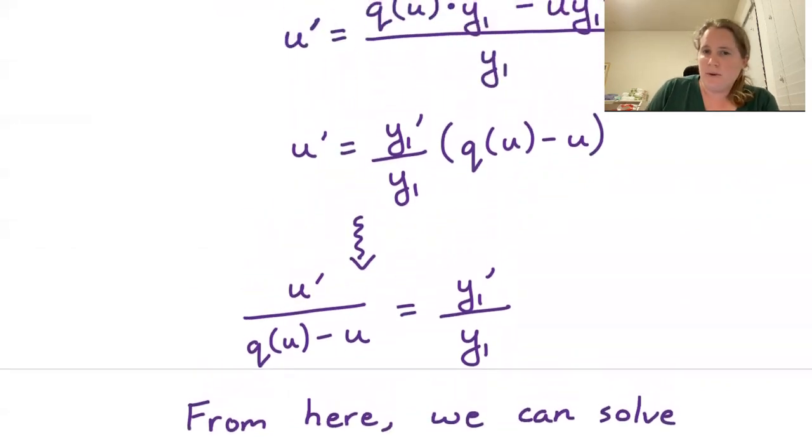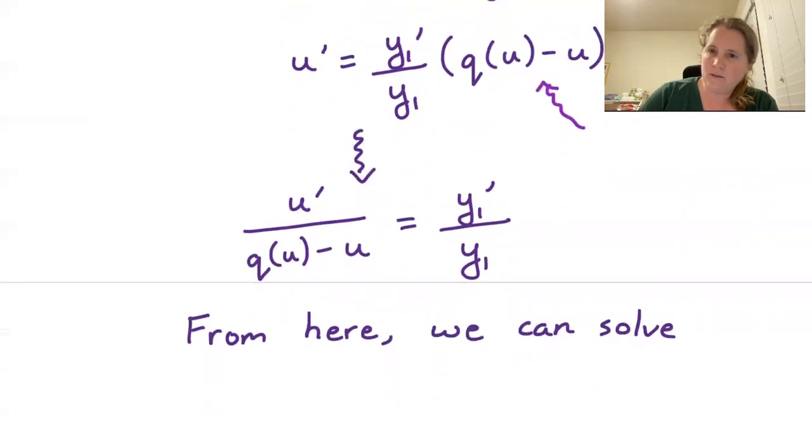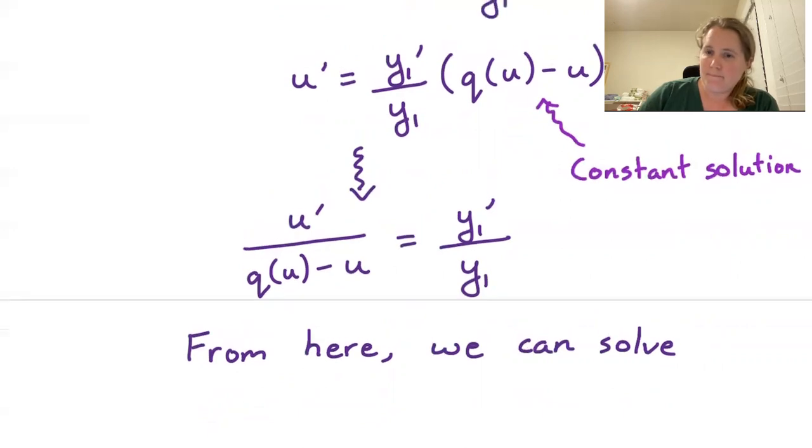Just a quick note that at this stage, we technically would have a constant solution if q of u minus u is equal to 0.